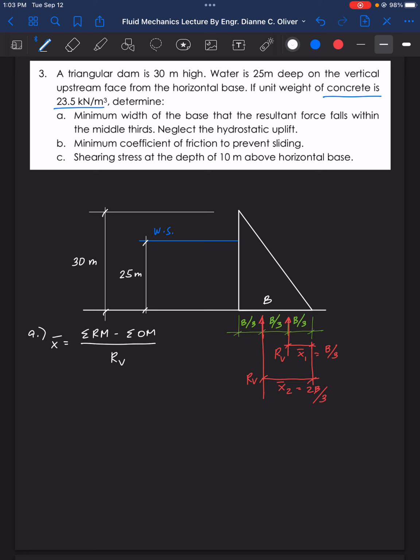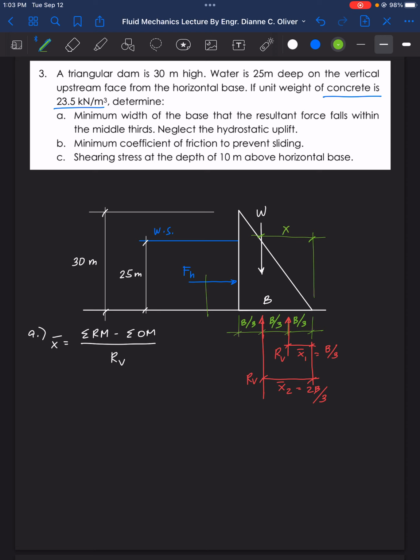So we will solve first for the value of FH and the value of the weight.